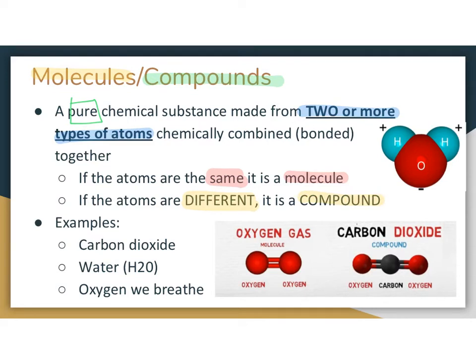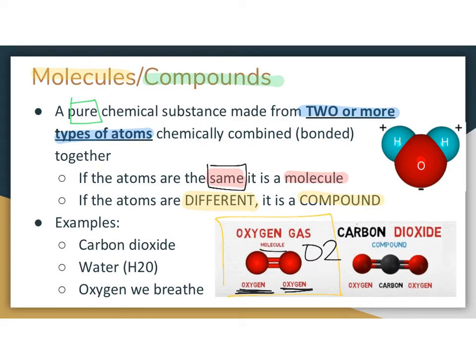All right, so for example, you can see here, I have two different examples. Oxygen gas, the gas that we breathe, isn't just oxygen, like oxygen on the periodic table. It's actually one oxygen atom bonded together with another oxygen atom. We call this O2. Oxygen gas is a molecule because those are the same atom bonded together.